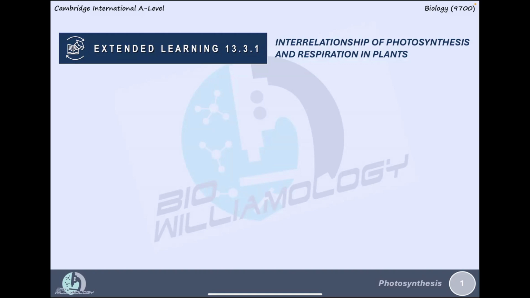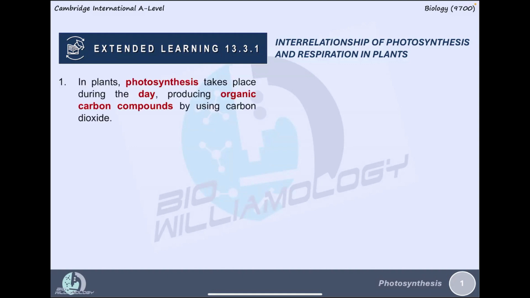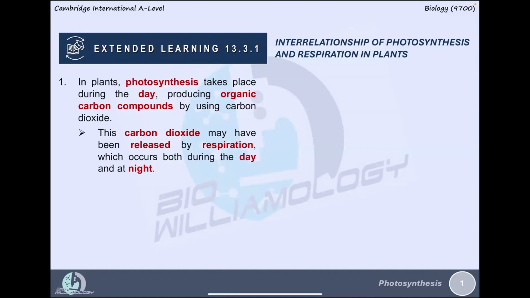In this lesson, we will explore the interrelationship of photosynthesis and respiration in plants. In plants, photosynthesis takes place during the day, producing organic carbon compounds by using CO2. So there is a net uptake of CO2.